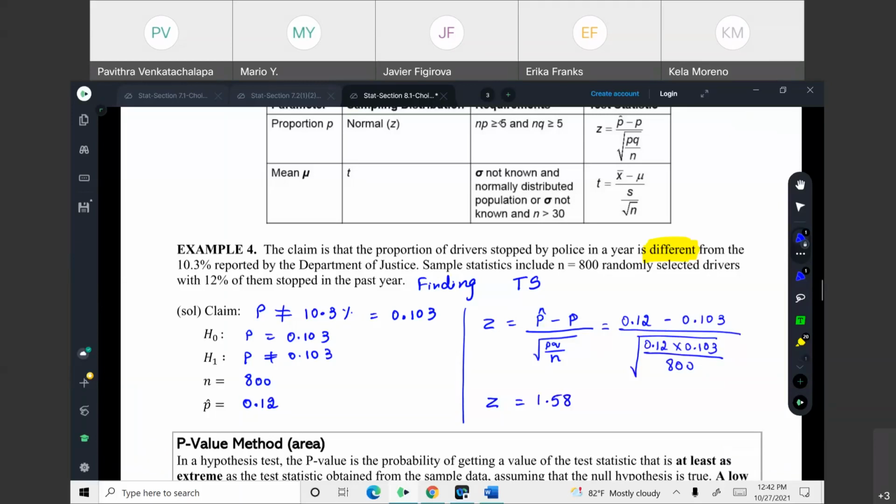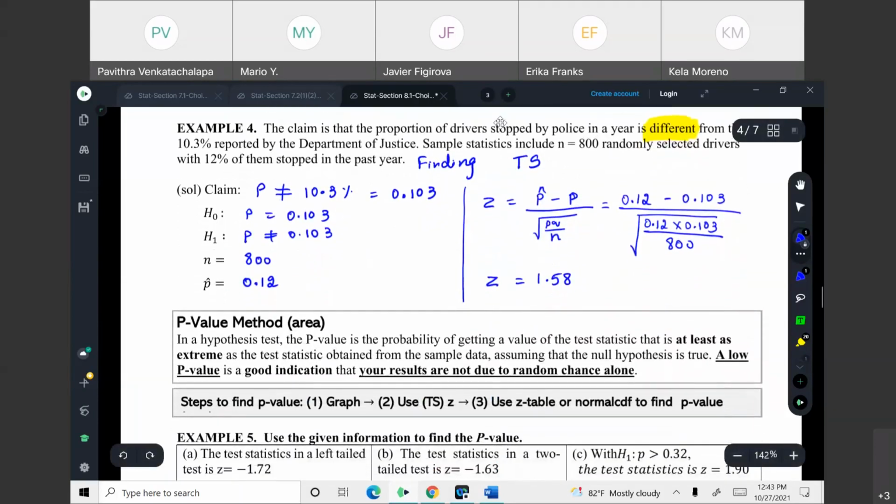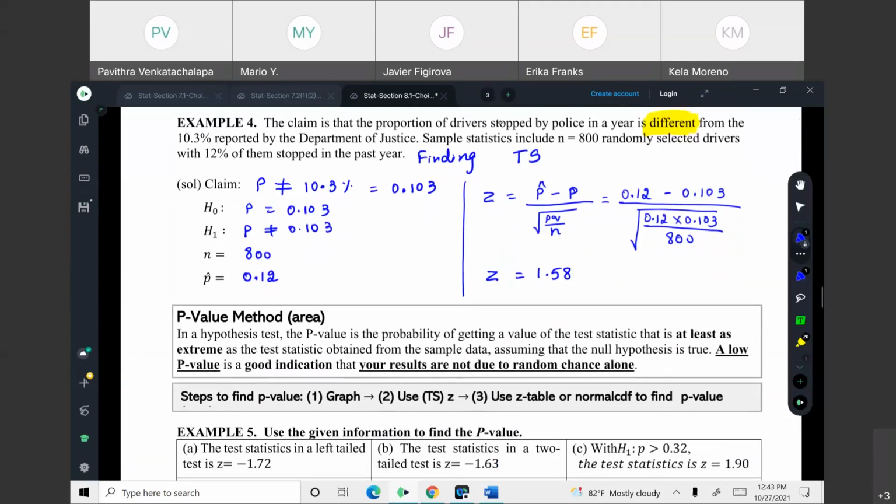You must be getting a z-score of 1.58. Okay.